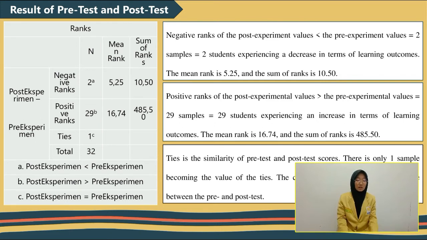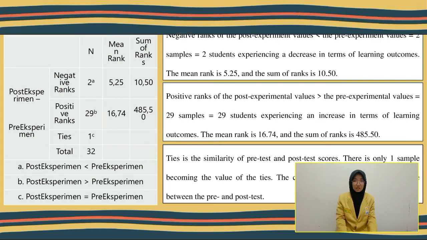The mean rank is 16.74 and the sum of ranks is 485.550. For the ties, the similarity of the pre-test and post-test scores, there is only one sample, so it can be concluded that there is the same value between the pre-test and post-test.